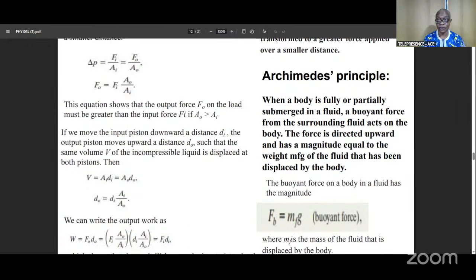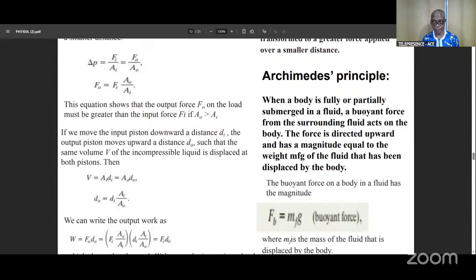Okay. So Archimedes principle, as we all know, said when an object is partially or wholly immersed in a fluid, let us say water, the upthrust, or what you call the buoyant force, is the push on such a body, and it should be equal to the weight of fluid that has been displaced.